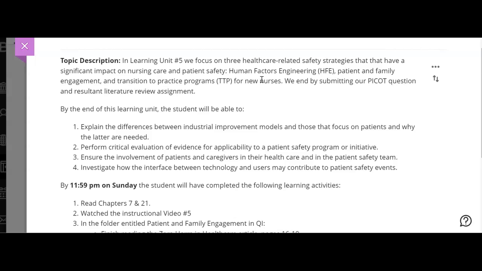And then we're also looking at family engagement and patient engagement and the TTP, the transition to practice programs for new nurses. We're going to end this learning unit number 5 by submitting your PICO question and literature review assignment that we spoke about in the last learning unit.